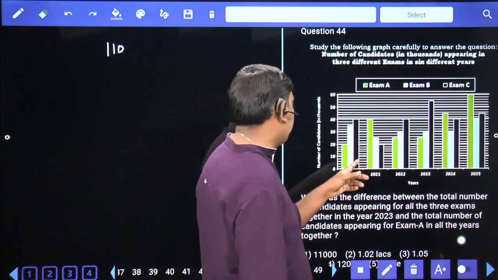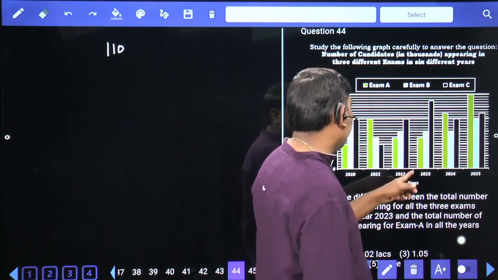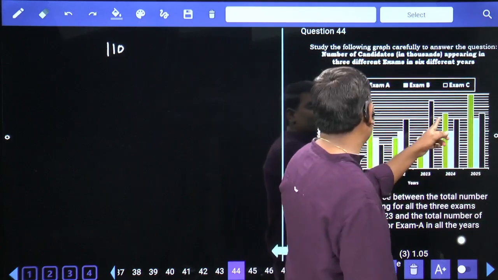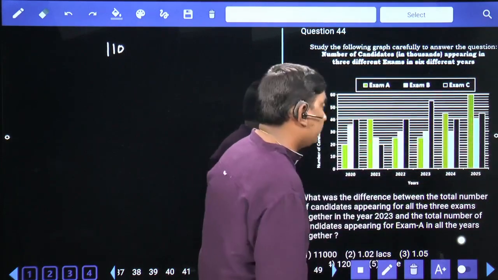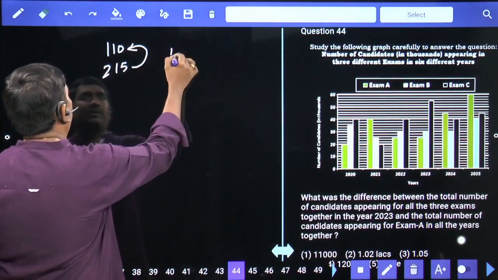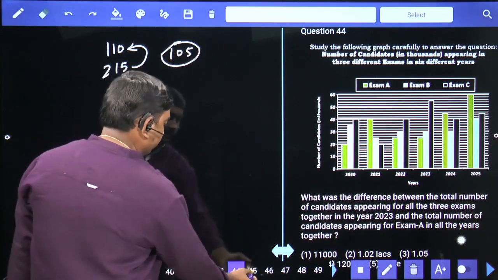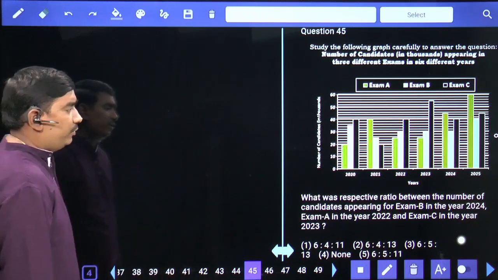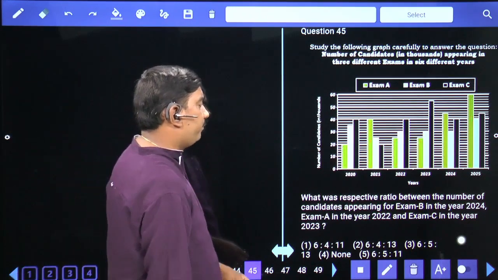Exam A all the years: 20 plus 40 is 60, 60 plus 25 is 85, 85 plus 25 is 110, 110 plus 45 is 155, 155 plus 60 is 215. So difference how much means 105, 1.05 lakhs.